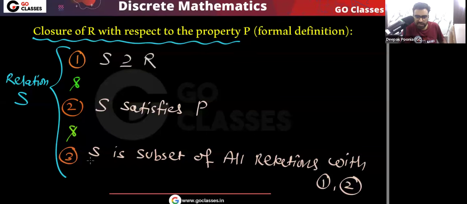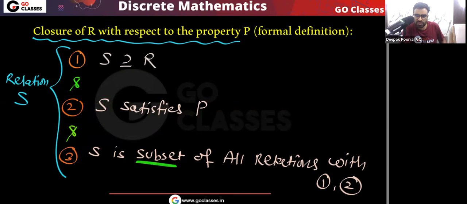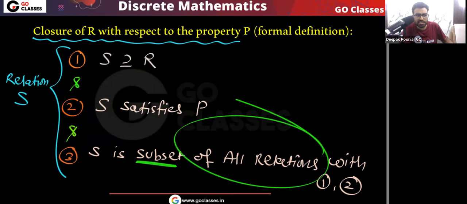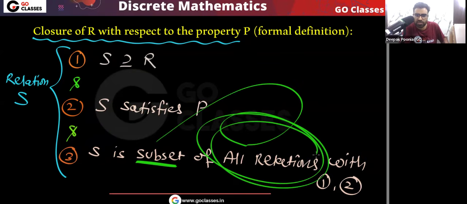If S is a subset of all relations which satisfy these two, and you take the intersection of all such relations, what will you get?